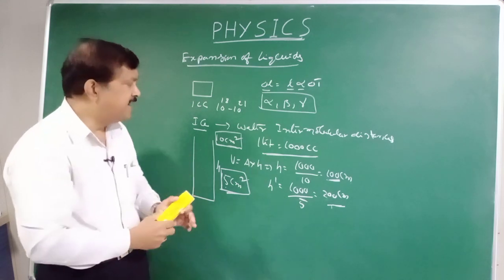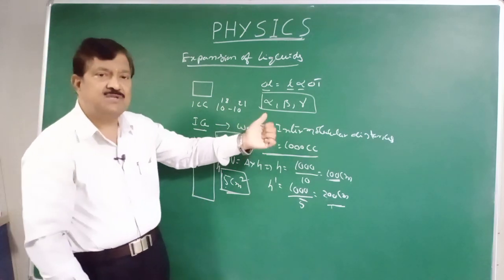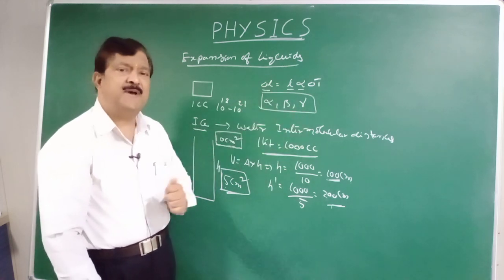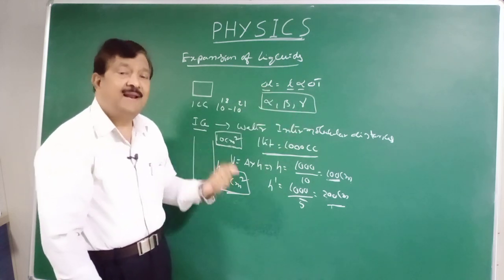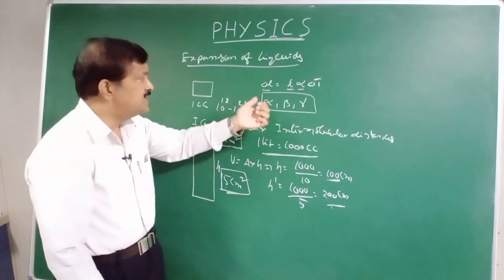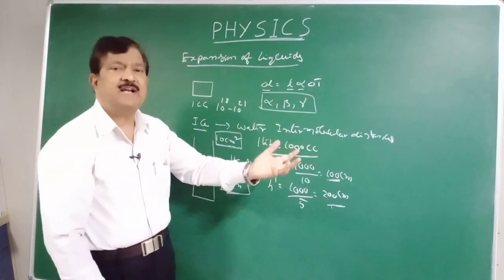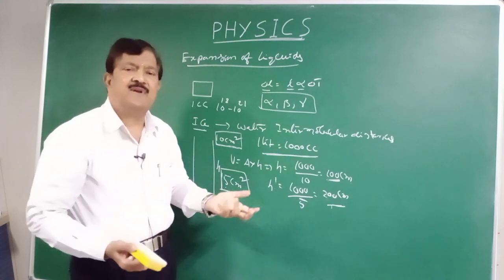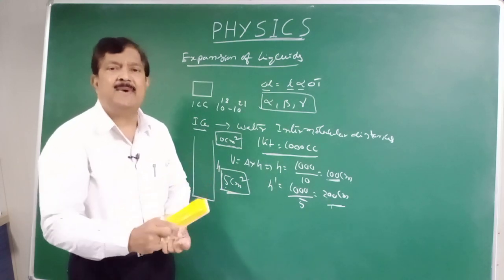And now coming to expansions, in case of solids we can study linear expansion, areal expansion and volume expansion. But in case of liquids, we need not consider the values of linear and areal expansions, because they do not remain constant. Length and area of cross section of a liquid column do not remain constant.